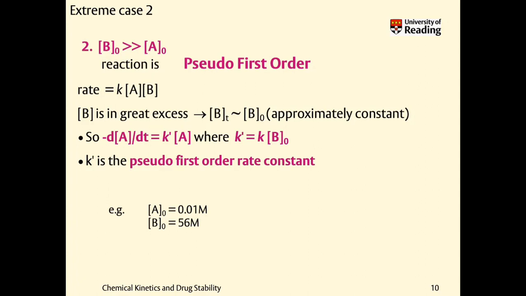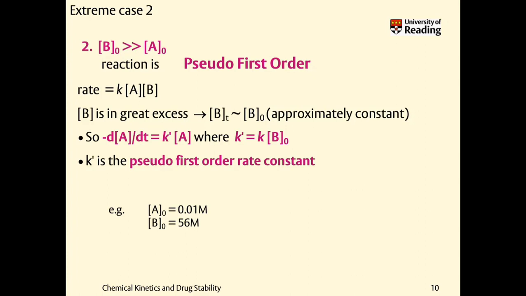So it appears to be constant. And in that case, the rate simplifies so that the variables are no longer both the concentration of A and the concentration of B. It's now just the concentration of A. And this means the constant in that rate law is K times B.